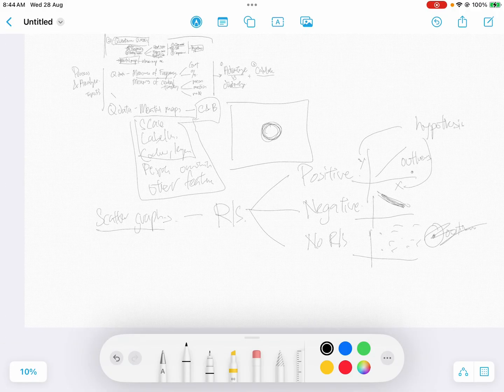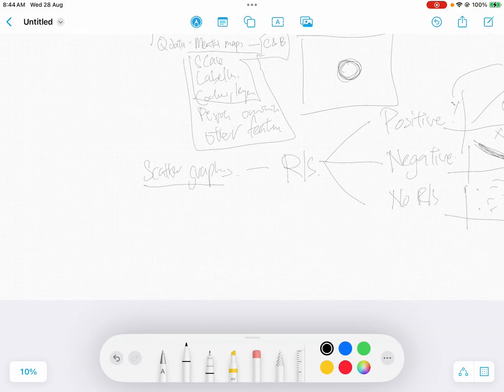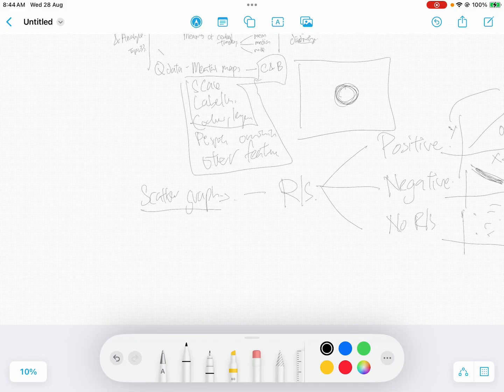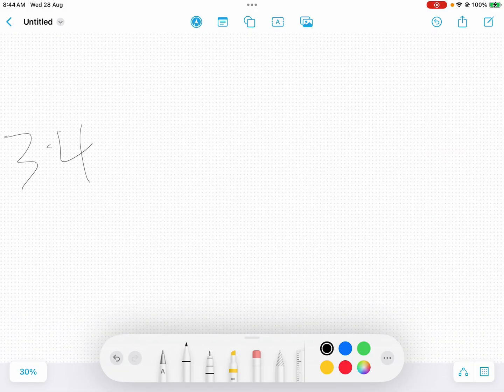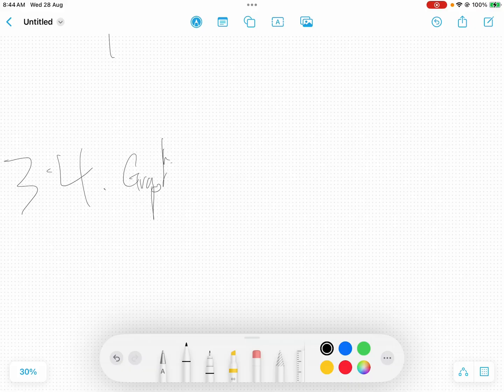Last but not least, let's go on to presenting findings. So that is topic 3.3. For topic 3.4, just be very clear. You need to know how to construct your different graphs.